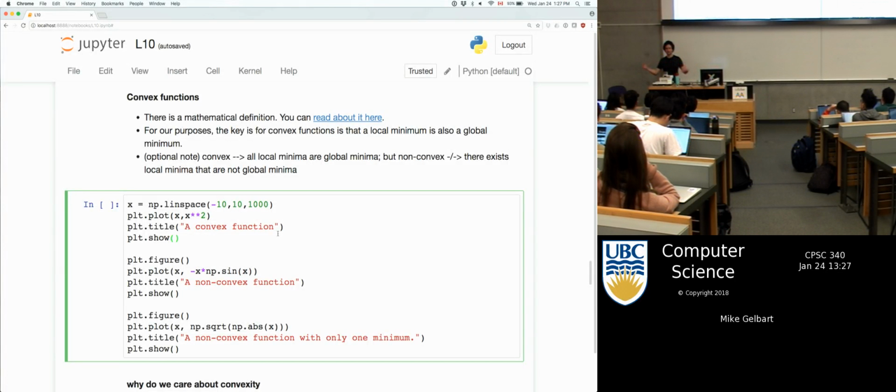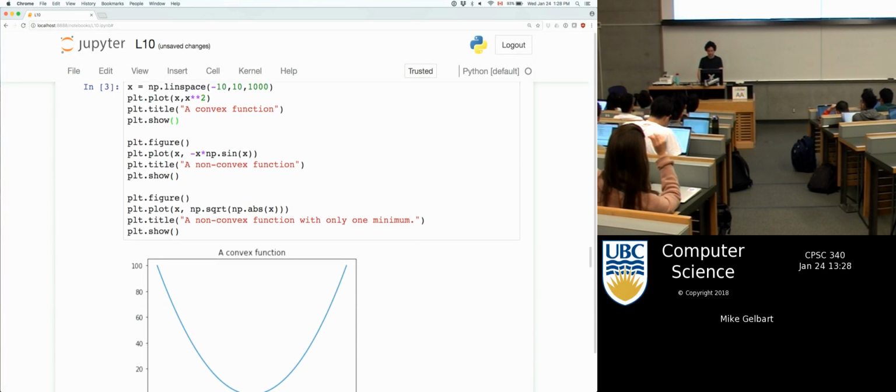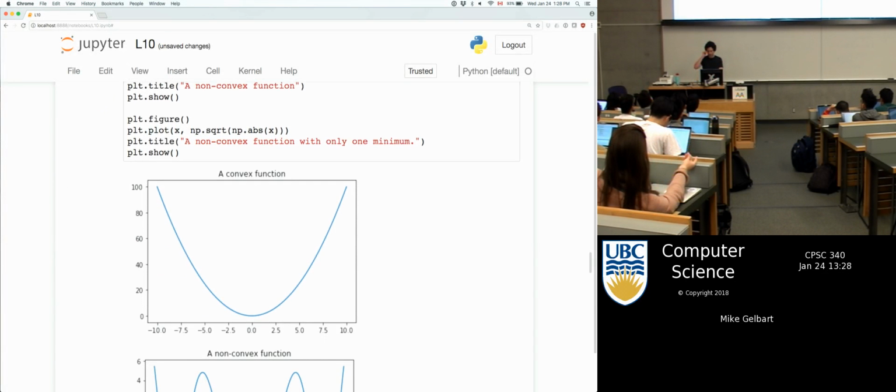They are highly related ideas, but slightly different. So let me show the pictures first. I posted some notes on convex functions that you can also access through the course webpage, which you'll need for assignment 3.